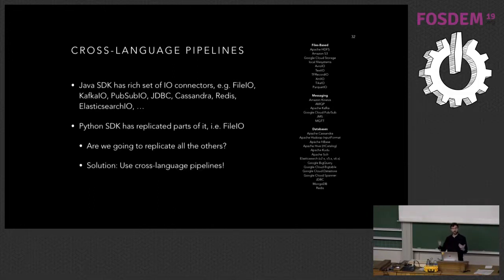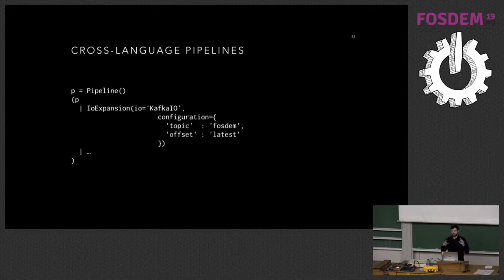We can simply use that process, which I described, to run cross-language pipelines. So how does it work theoretically? I mean, we're finalizing the specification at the moment, but it's sort of like this. You have a Python job, and probably it's not going to be named IO expansion, but it's kind of like a dummy object where you specify your IO, like Kafka IO, or maybe the full Java name.